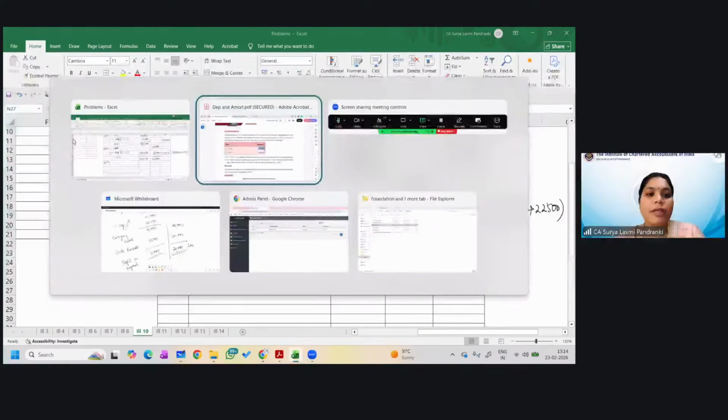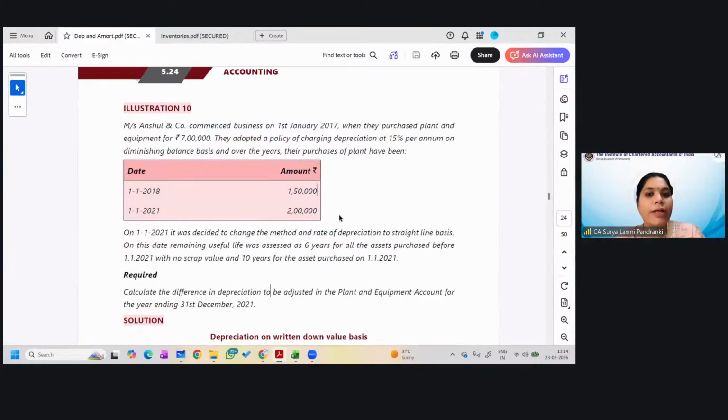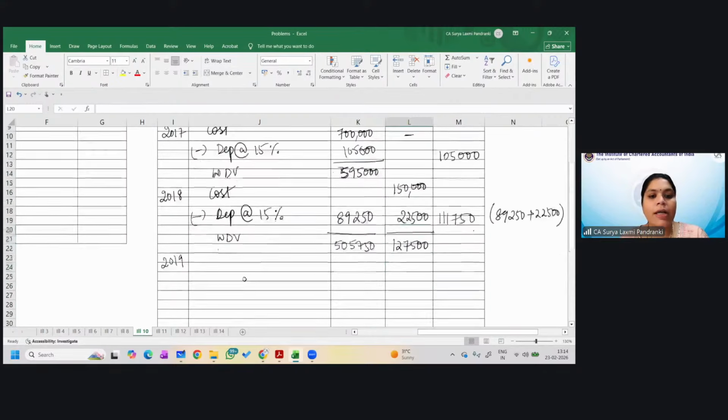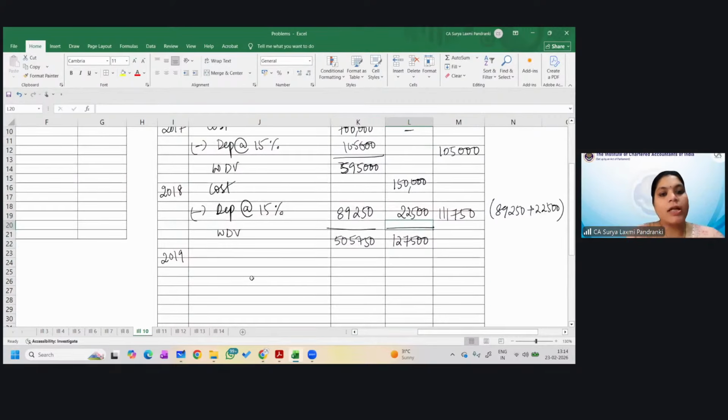Did we purchase any machine? Is any information given that we have purchased some machine? No. One machine was purchased in 2017, we have recorded that. In 2018, we purchased one more, and this we have recorded. In 2019, there was no purchase, so directly we can provide depreciation at the rate of 15%. Calculate the depreciation and then WDV.